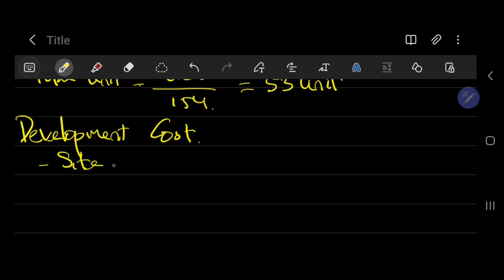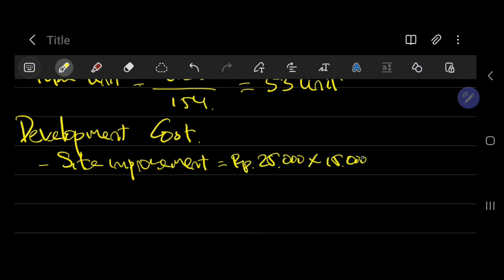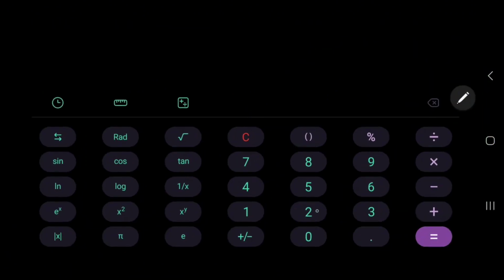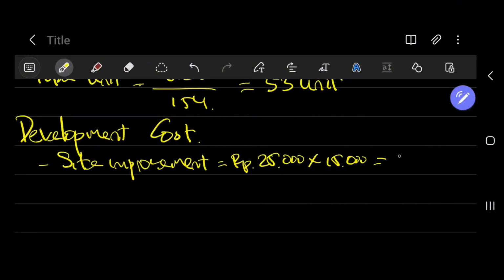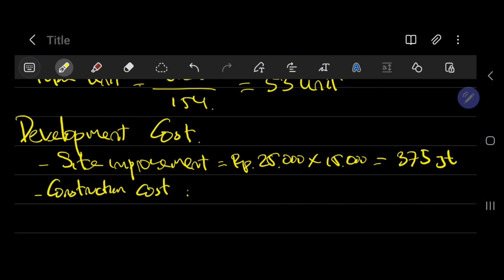First we calculate the site improvement, which is the cost of doing the filling, cut and fill if any. I see it's quite flat, so I just put 25,000 rupiah multiplied by the gross area, so the cost is around 375 million.